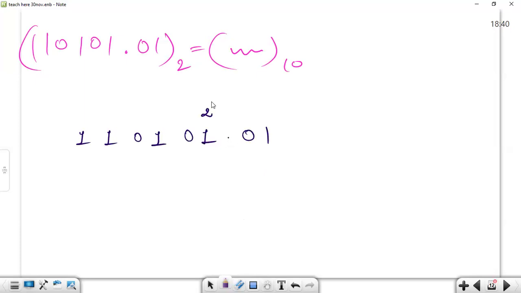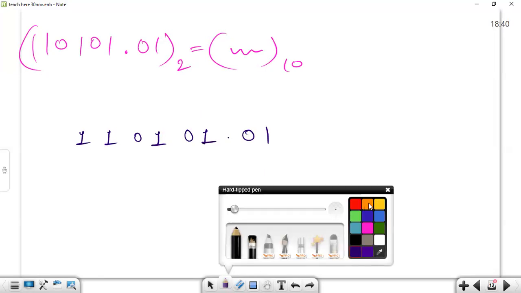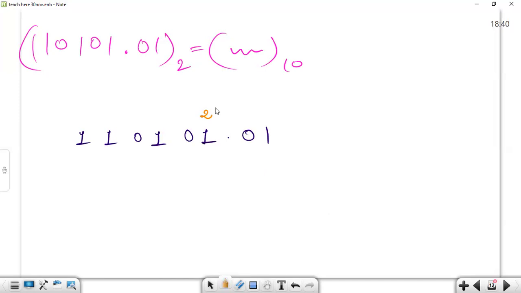So this is 2 raised power what? Come on, speak. 0, 1, 2, 3, 4, 5. After the point, the power is going to decrease.